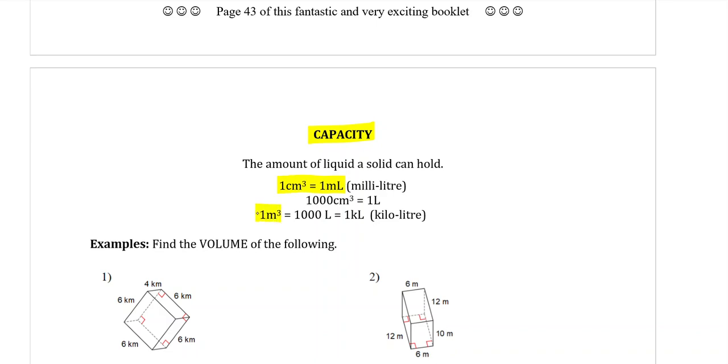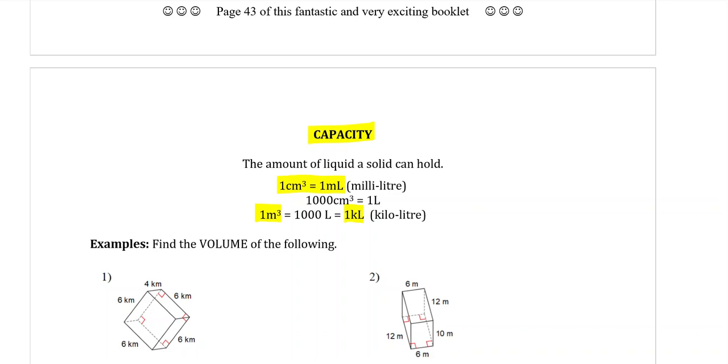Whereas a metre cubed, which is quite big, you think a metre this way, a metre this way, and a metre tall, that's not going to just hold 1 litre. A 1 litre thing is like your milk in the morning. That's way more, right? That is a kilolitre. So there is 1,000 litres in there, or you can just go straight to a kilolitre.